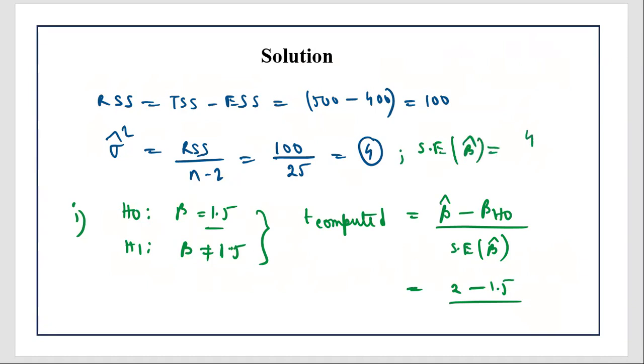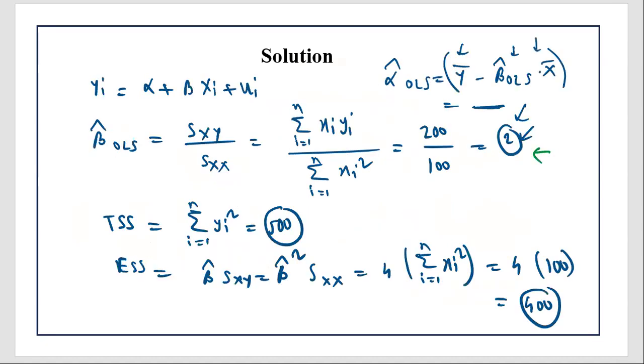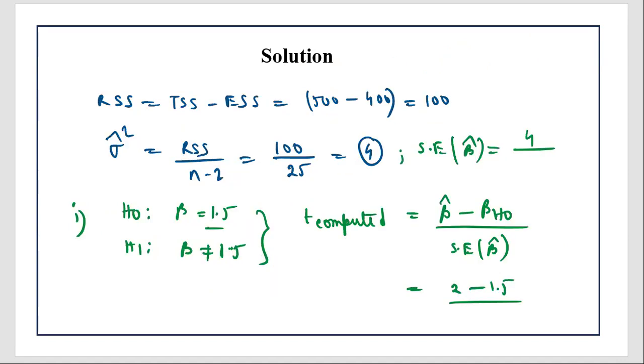So sigma cap squared is 4 upon Sxx, which is 100. If you put the value here and solve, you can do this for yourself, this will come out to be 2.5. So the t computed value that we got here will be the same for all these cases. So this is simply 2.5, only the critical values will change.